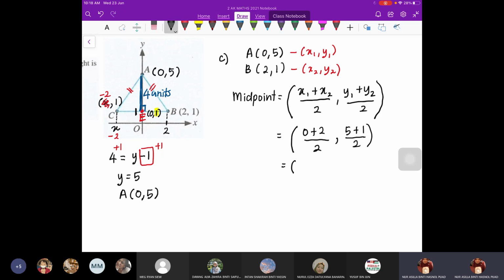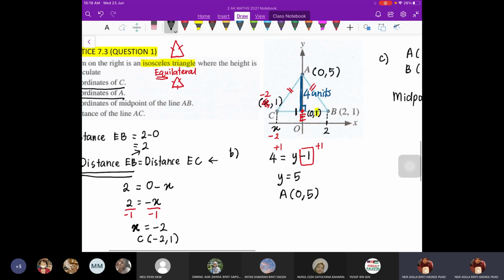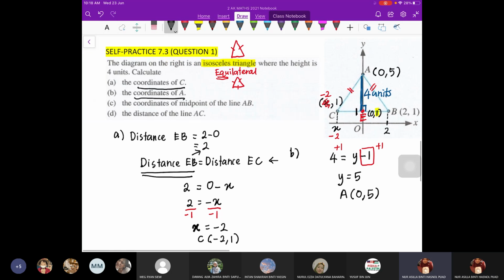So kat sini it will become 0 plus 2 divided by 2 jadi 1, 1. So 5 plus 1 is 6. 6 divided by 2, 3. So that is my midpoint. 1, 3.